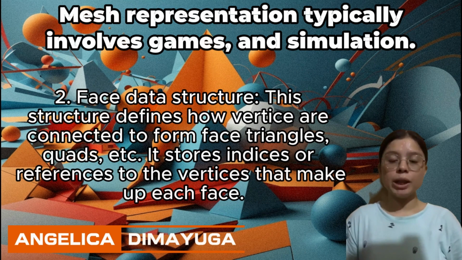Second, face data structure. This structure defines how vertices are connected to form faces, triangles, quads, and so on. It is stored as indices that refer to each vertex that makes up each face.